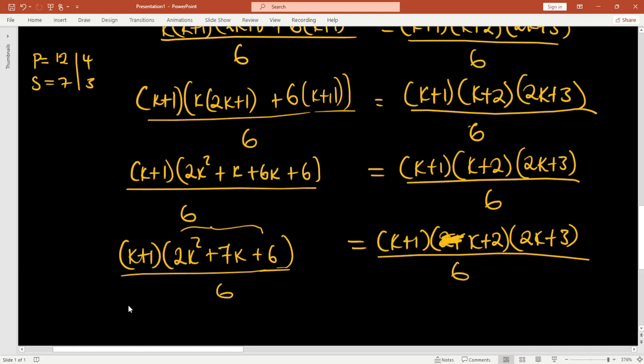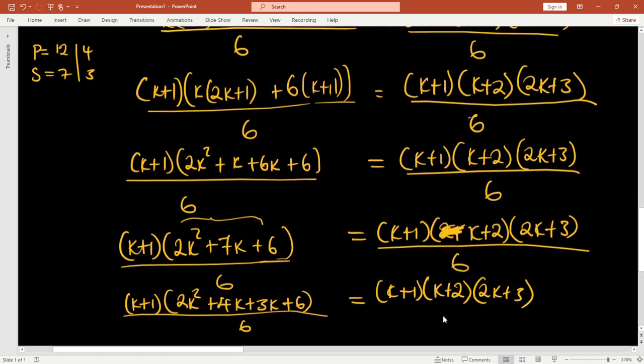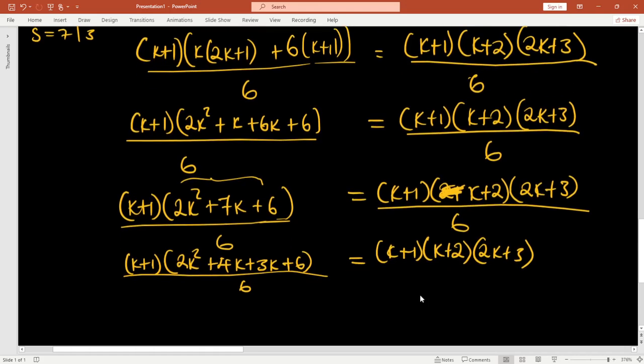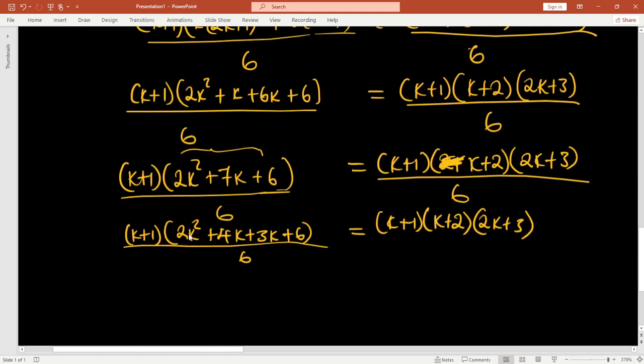So we can just simplify this. We have k plus 1, open brackets, 2k squared plus 4k plus 3k plus 6, divided by 6. Let's still equate this to k plus 1, k plus 2, and 2k plus 3. Now let's simplify what we have here.